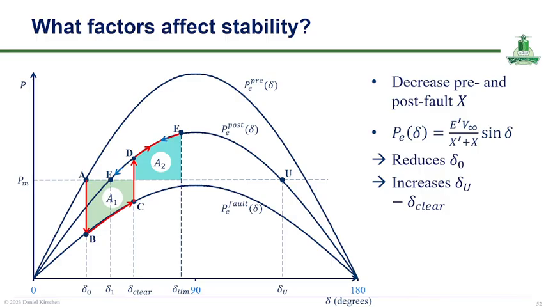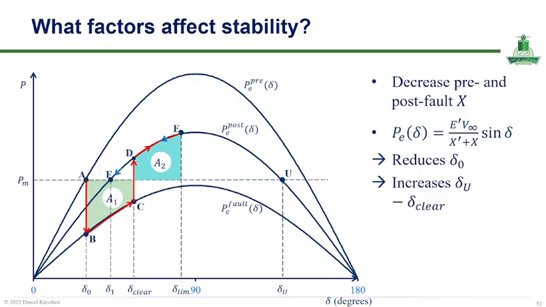So this slide explains the main factors that affect transient stability in a power system using the equal area criterion. The curves represent the electrical power before the fault, during the fault, and after fault clearing. By reducing the transfer reactance X in the pre-fault and post-fault conditions, the maximum electrical power transfer increases. As a result, the initial rotor angle delta zero decreases and the stability limit increases, which improves system stability.